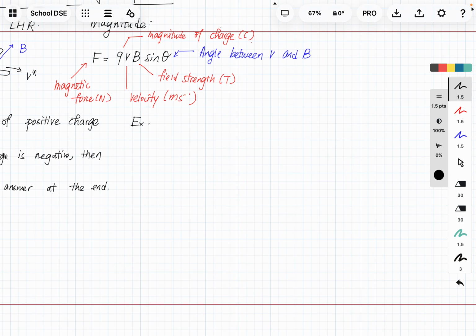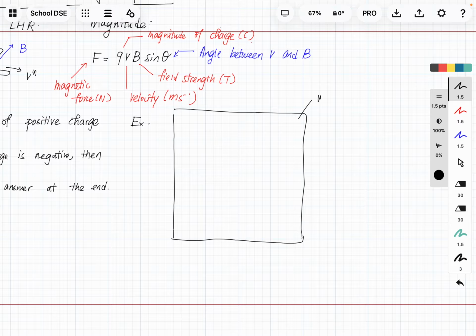This is a very important feature: because of the rule, you find that the force and the direction of the velocity will always be perpendicular to each other. So it is very general that the magnetic force is perpendicular to velocity.